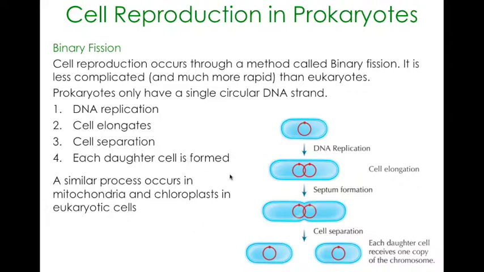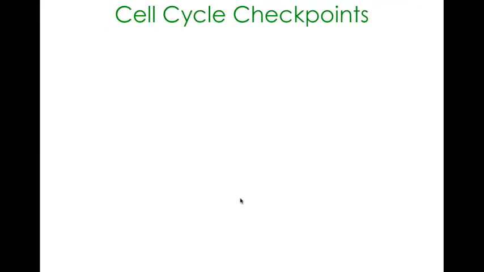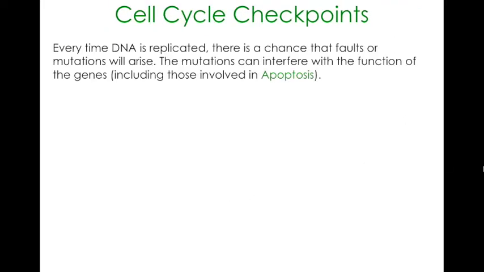And part of that comes back to, remember, the endosymbiosis theory in chapter 2 that we looked at, where it was proposed that mitochondria and chloroplasts were once prokaryotic cells that were then absorbed and integrated into eukaryotic cells. So a very similar process will occur in the mitochondria of your cells and the chloroplasts within plant cells.